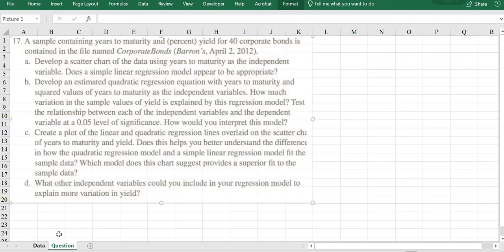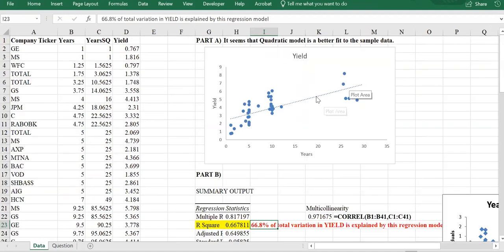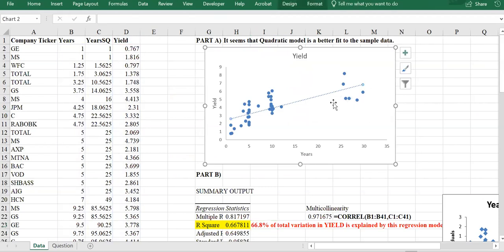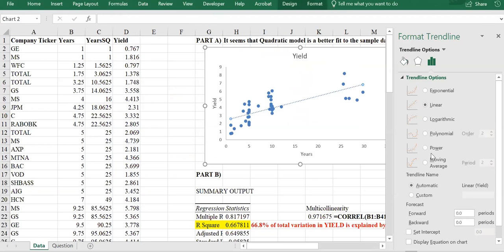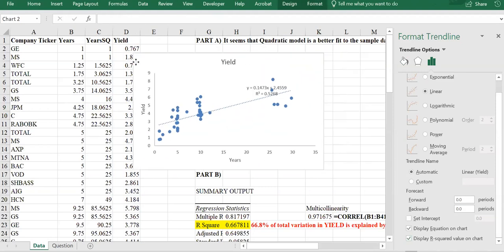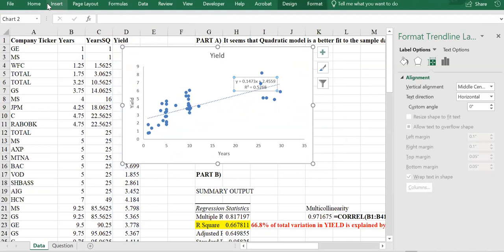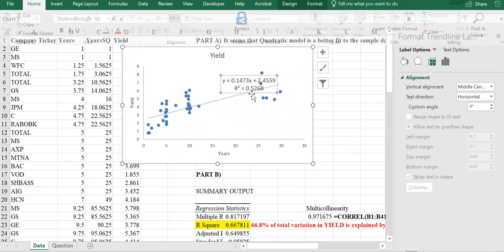So if I go back on my scatter chart, I still have my linear trend line. If I just add the equation by right click, format trend line, add equation, display R squared, and just show it here, maybe down below.